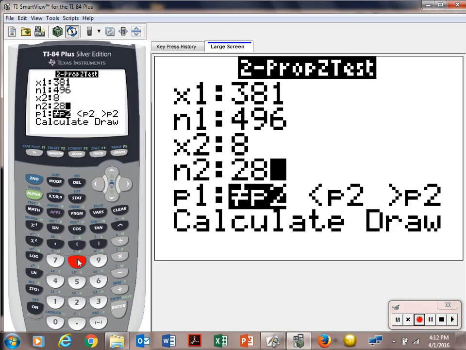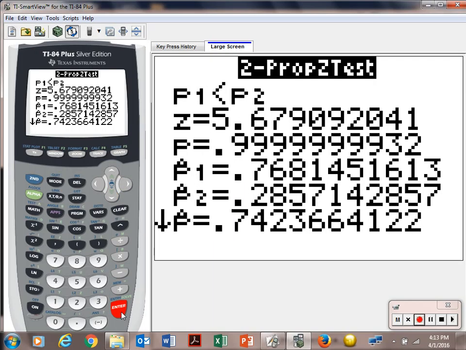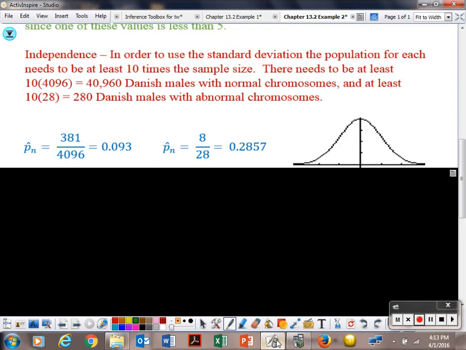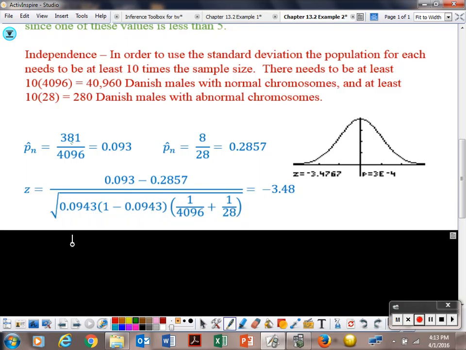And our alternative up above was less than. The normal was less than. Calculate. There's all the information that we need. Plug your numbers in.